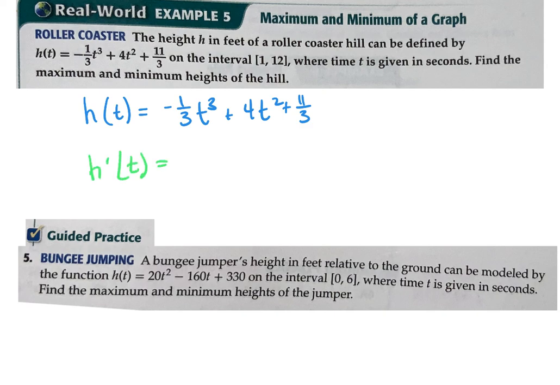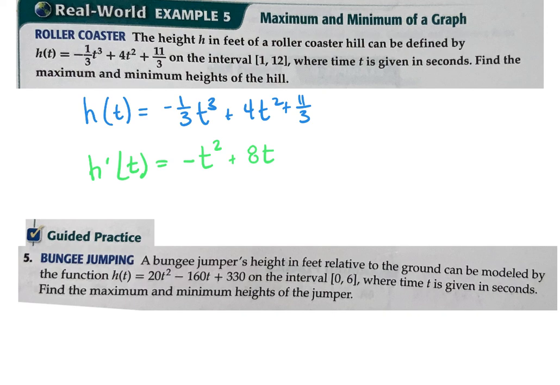So 3 times negative 1/3 is just negative 1. My new exponent is 2. 2 times 4 is 8, t to the first power, and the 11/3 zeroes out. This is my first derivative. Anywhere the slope of this is 0 will tell me I am turning, okay? It won't tell me anything else except that I'm turning there, okay?